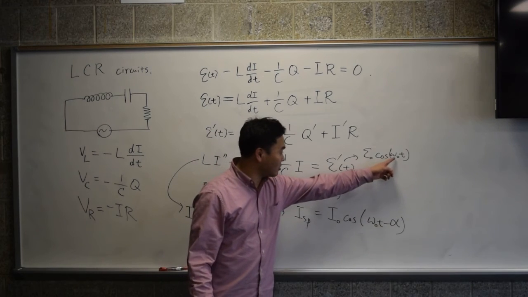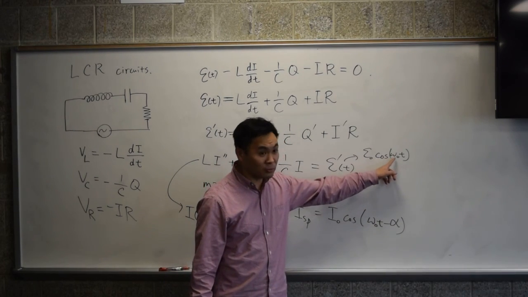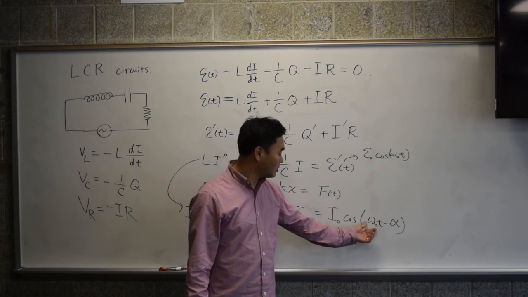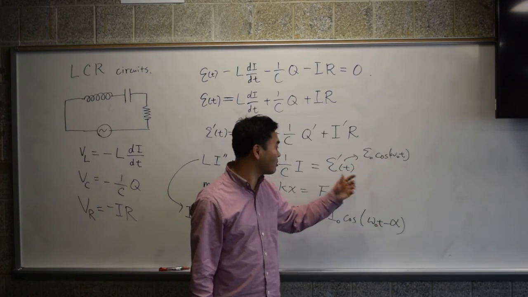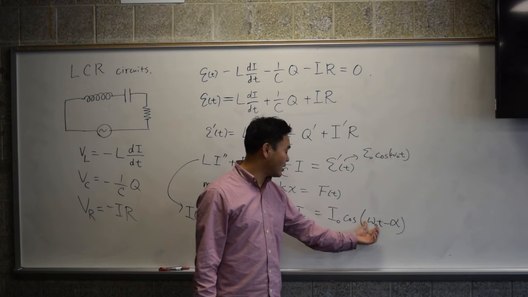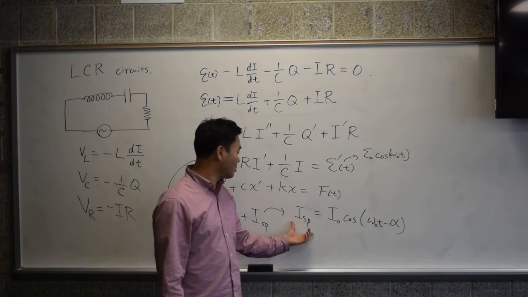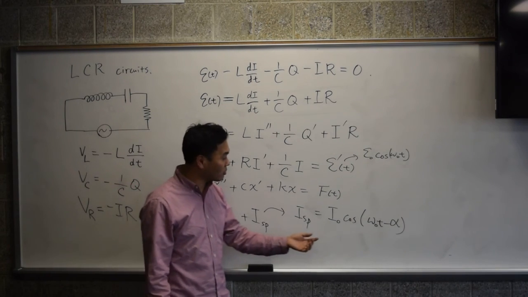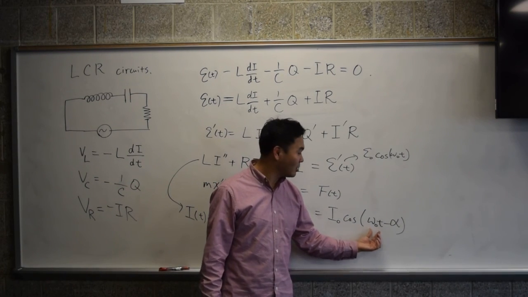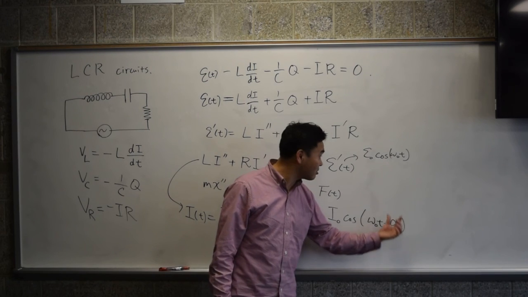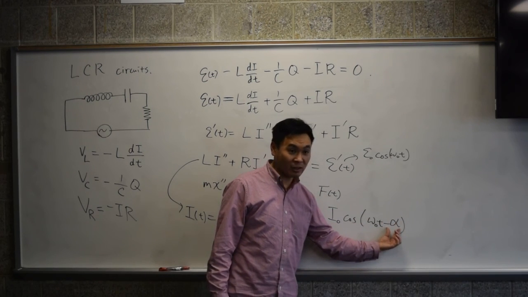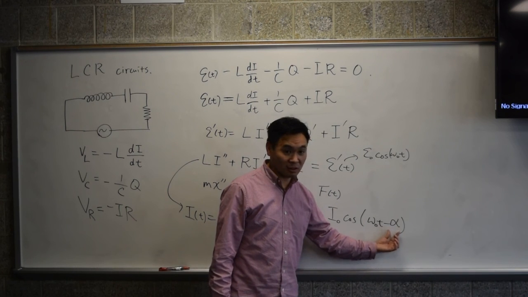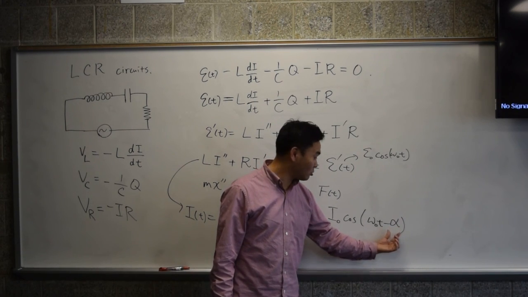So if omega naught is the angular frequency of the external voltage, then the current on this circuit will also have the same frequency, but it will be trailing the external voltage by some angle. Okay, and that's another thing that in your E class you'll be interested in.